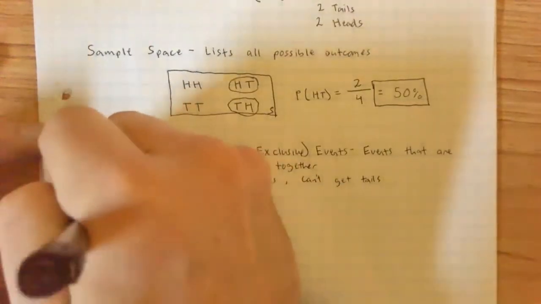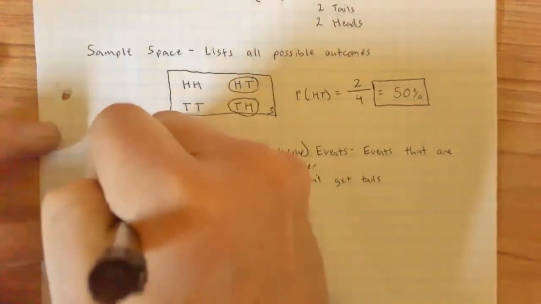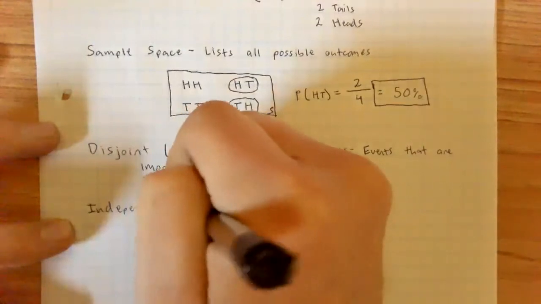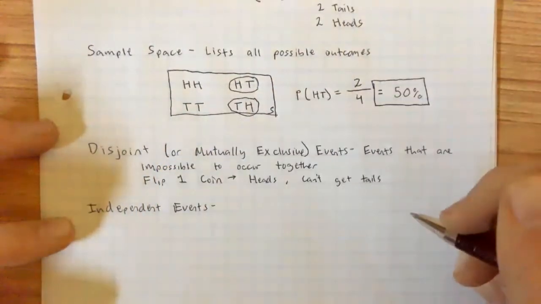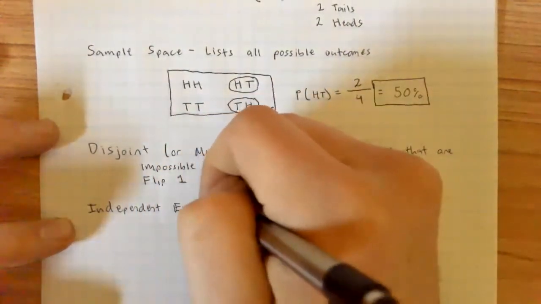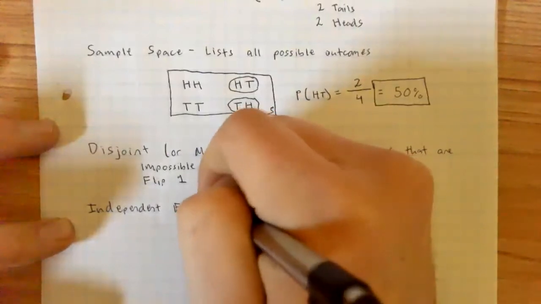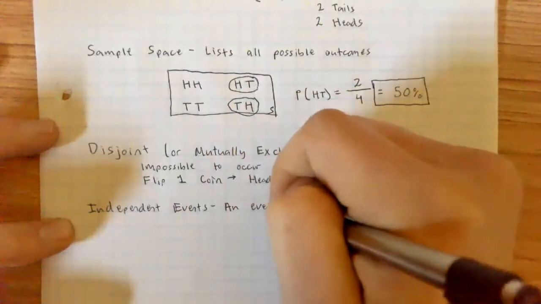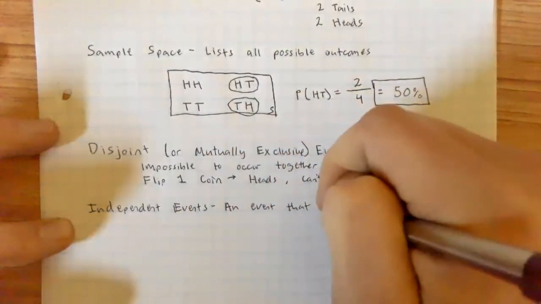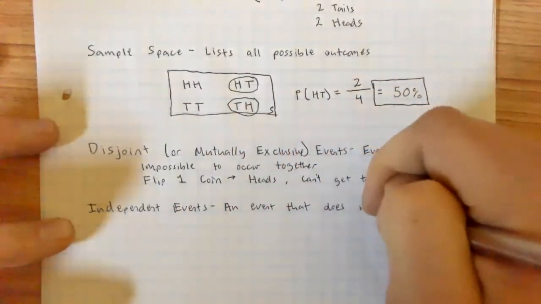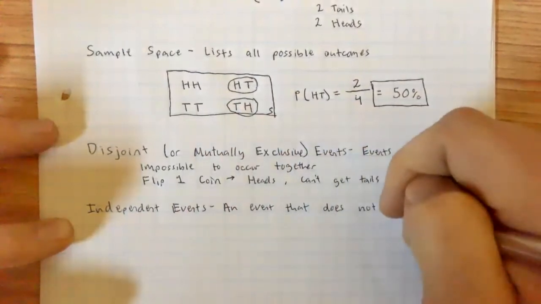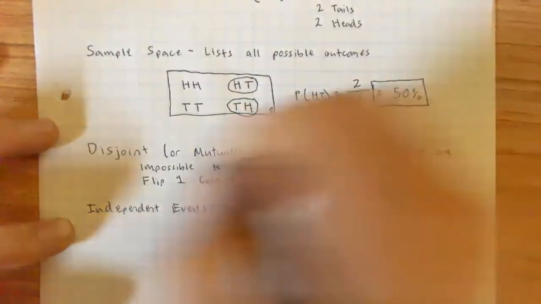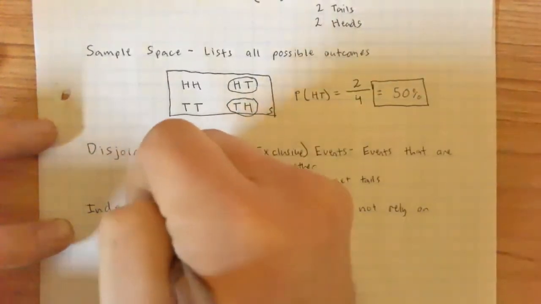Alternatively, there's another thing called independent events. An independent event is an event that does not rely on previous outcomes.